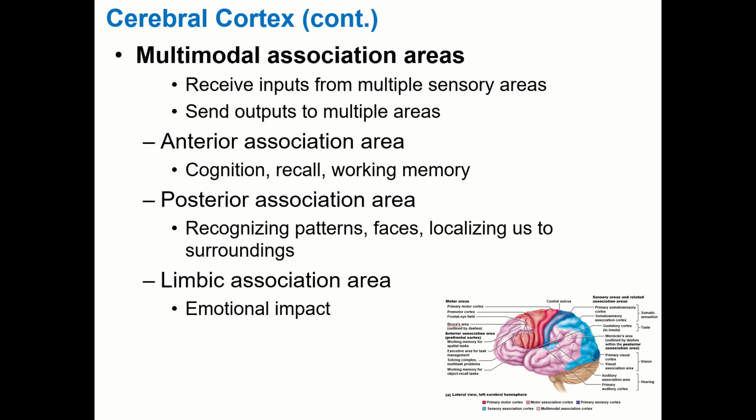The auditory association area, I should clarify, is going to synapse or interact with the anterior association area, which is where we do things like thinking. That's cognition. In that anterior area, that's where you formulate your response.